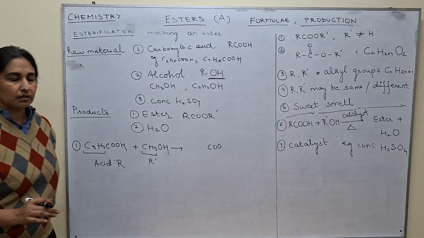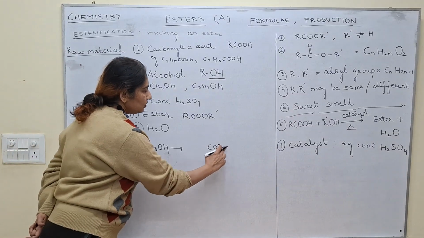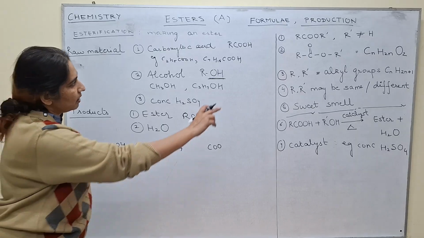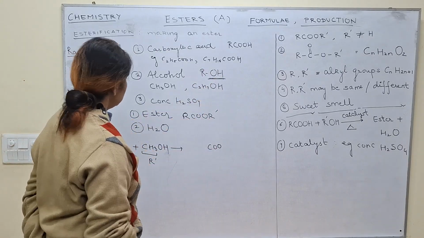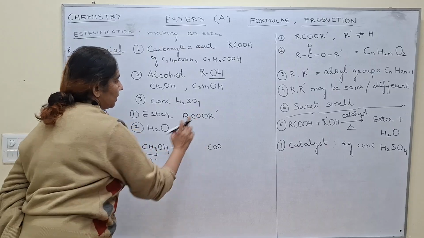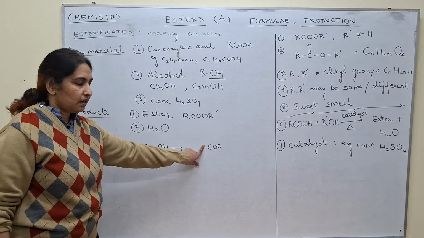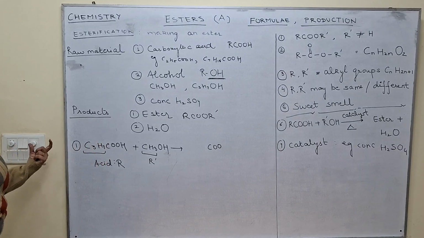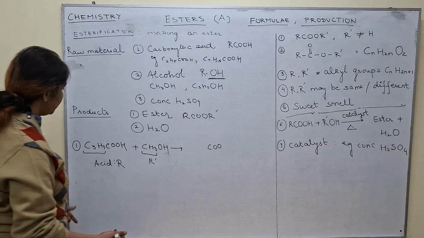That's a fixed rule. So here we have to write RCOOR dash, we have to make an ester. What do we have to make? An ester. Where did the ester go? RCOOR dash. So the first thing that we have to write is this part of the acid. So we'll write C3H7.